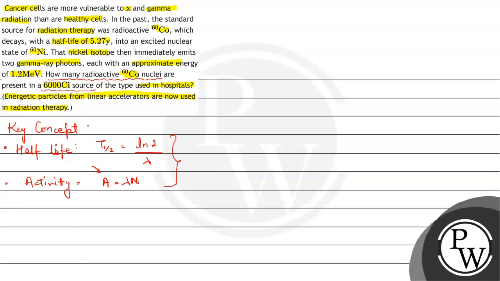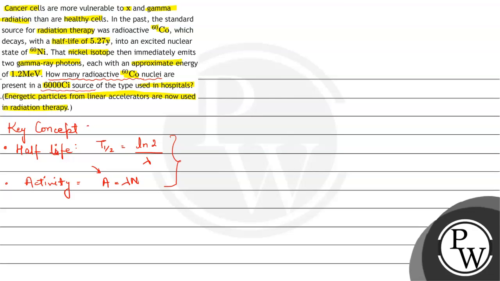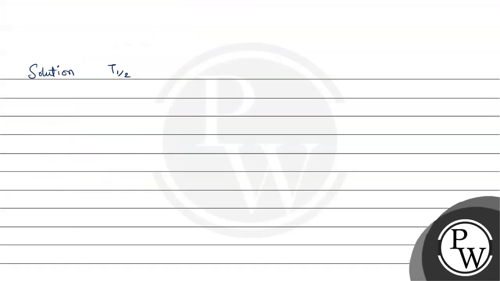So for the solution part, we have the T half for cobalt given to be 5.27 years. And the second thing, we know that radioactivity A is equal to lambda times n, where n is the number of undecayed particles.